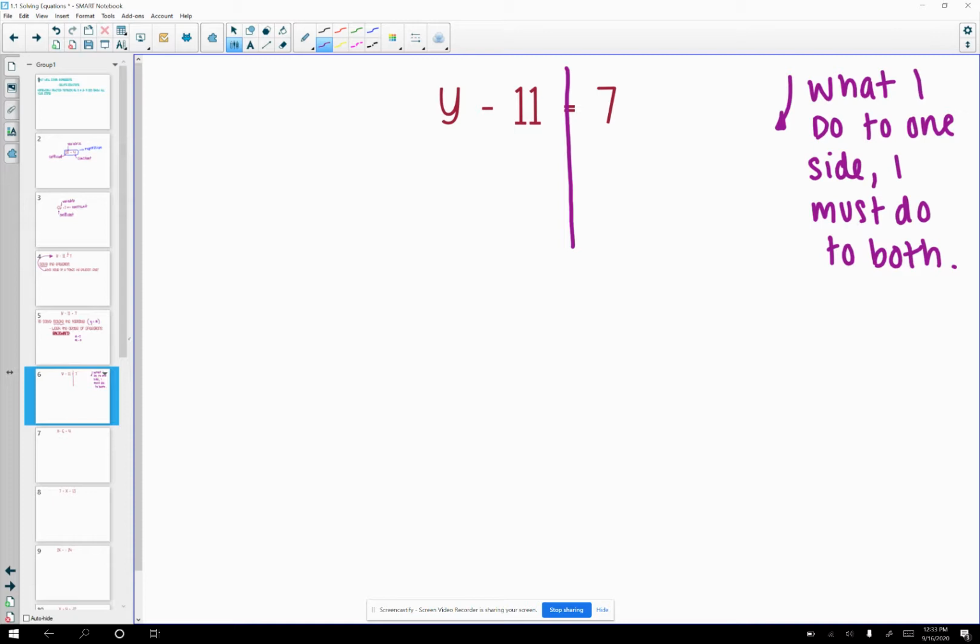When we go through our order of operations backwards, we want to undo everything, or do the opposite. Because I'm subtracting 11 from y, my first step is to add 11 to both sides. Again, whatever I do to one side, I must do to the other.